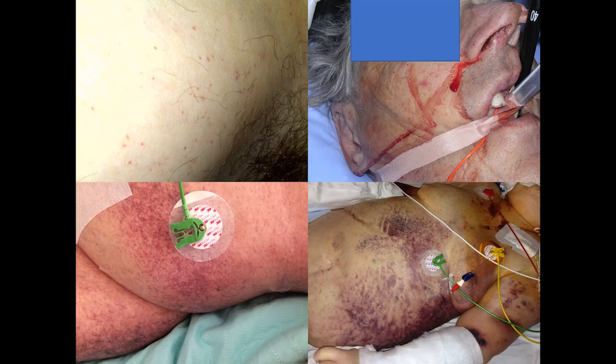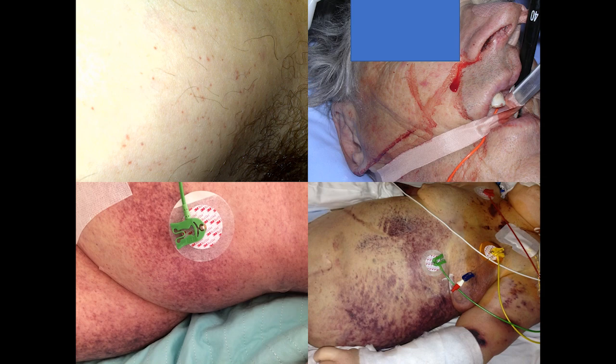When we look at the skin in those patients with a very high disease severity, I think skin evaluation for coagulopathies is something which is seen quite late, but if we see it, we can be sure that this patient in front of us is severely sick. On the left upper picture, we can see petechiae, which are an indication of a reduced platelet count. Usually we start to see petechiae under a platelet count of 30,000.